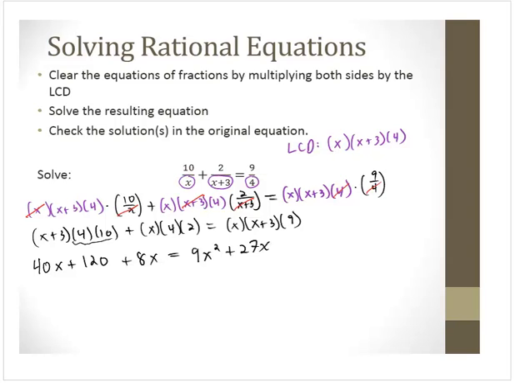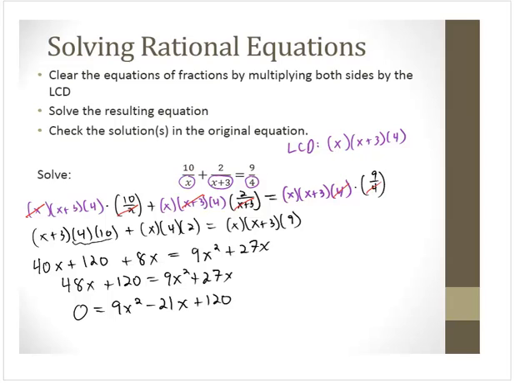So notice that this is a quadratic equation. So I have 48x plus 120 is equal to 9x squared plus 27x. I'll move everything to the right-hand side. 0 is 9x squared minus 21x minus 120.